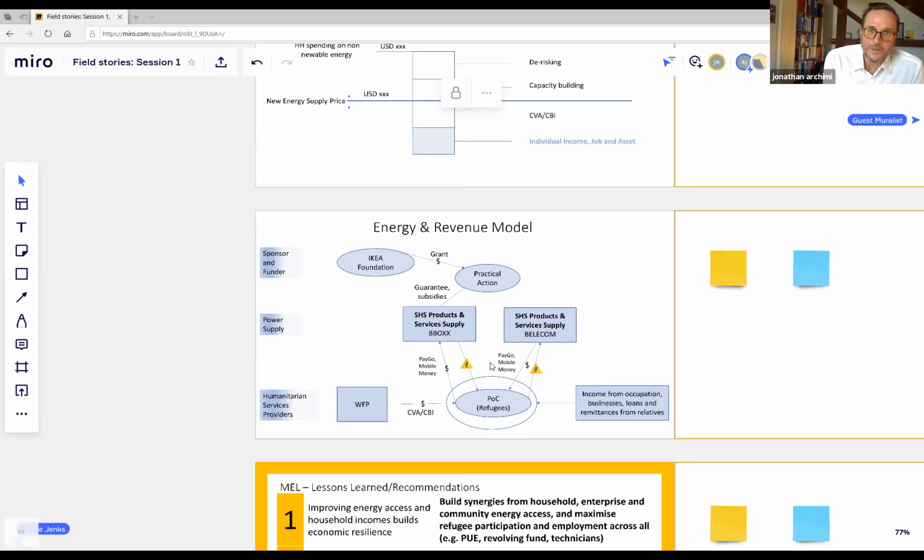Laura, thank you very much. It has been very instructive for me and I guess for all the audience, and it really shows the complexity and how broad all the different aspects are that one needs to cover when delivering electricity in displacement settings. So thank you very much, Laura. Thank you.